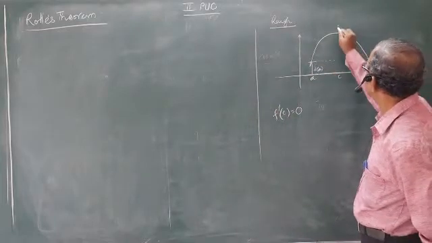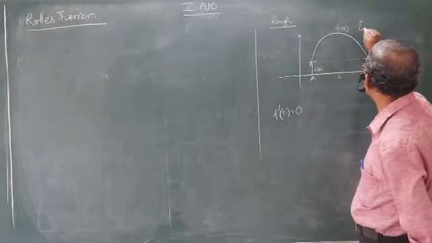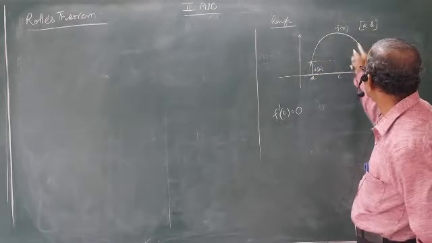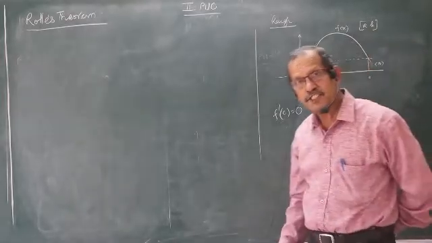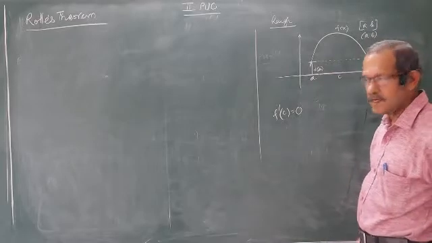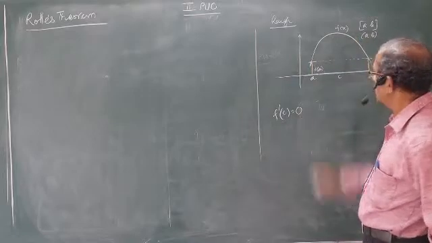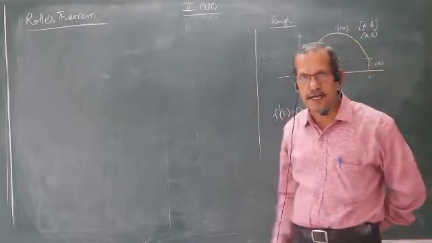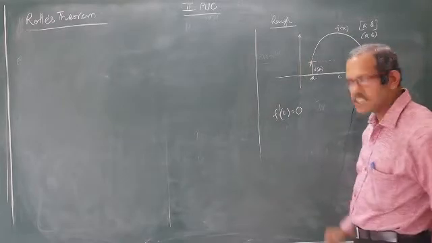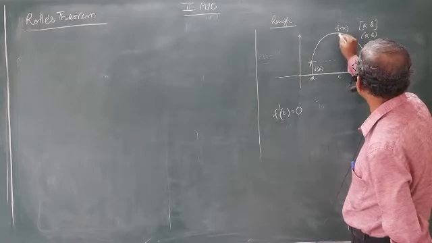Given a function f of x that is continuous in the closed interval ab, and differentiable in the open interval ab. Differentiable means you can find the derivative, that's all. Then according to Rolle's theorem, there exists a point, say C, such that f dash of C is always 0.